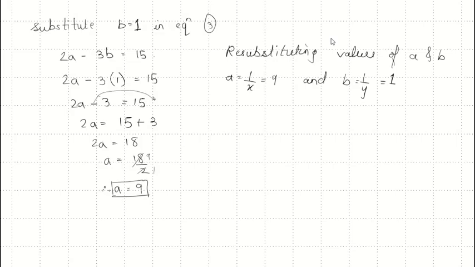So we found the values of x and y. x is nothing but 1 upon 9 and y is 1 upon 1, which is 1. Therefore the solution is x is equal to 1 upon 9 and y is equal to 1.